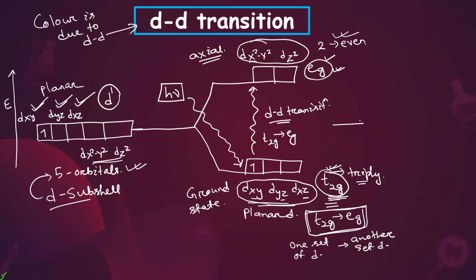Due to the d-d transition, you are getting one excited state. Your T2g is empty and eg is having one electron. This is the scenario. This is called the excited state because the electron jumps from the ground state to the excited state.